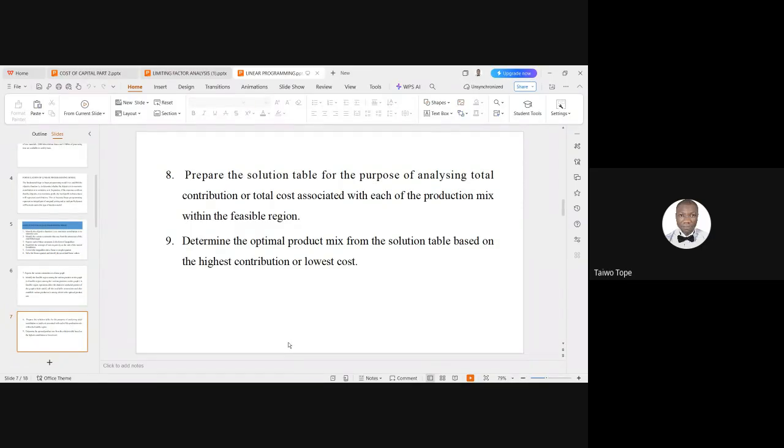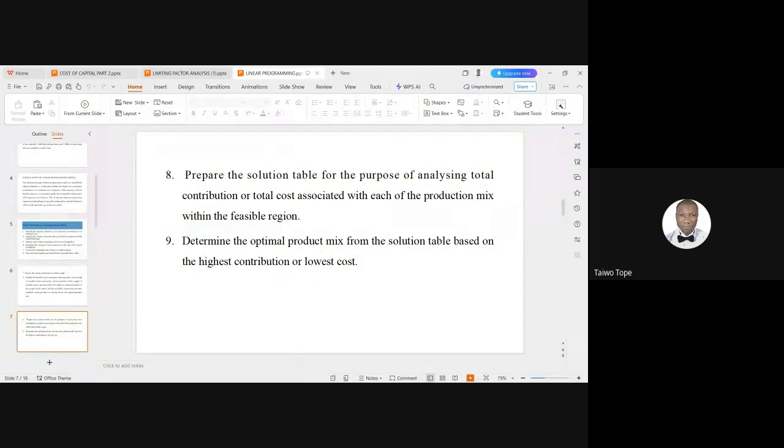And this can be achieved by using the objective function you formulated at first in the question. So these are the steps to solve a linear programming question.